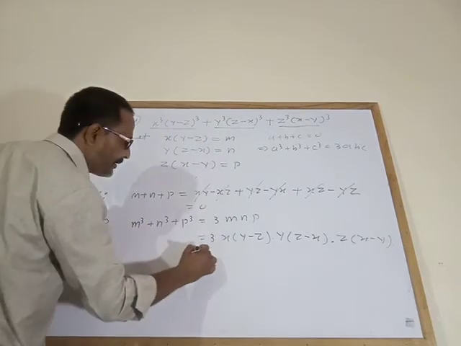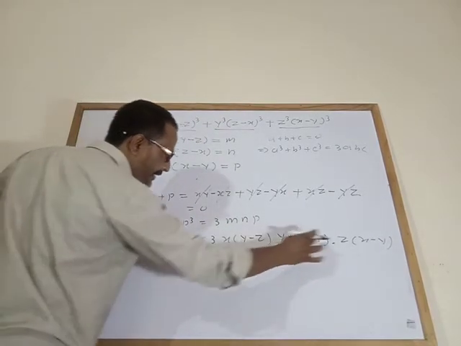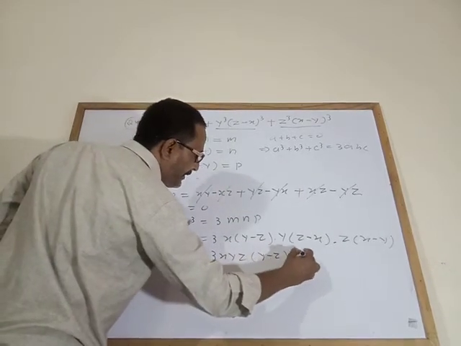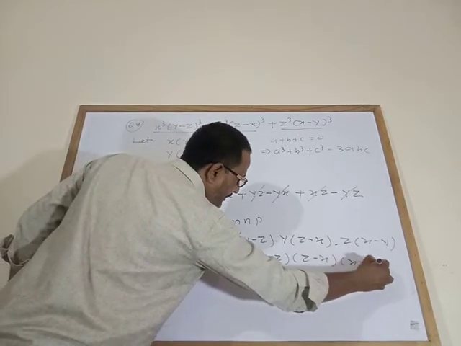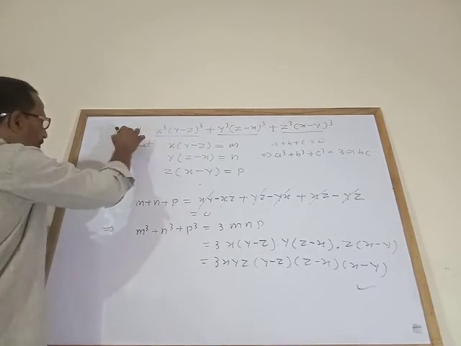Now your answer will be 3xyz(y − z)(z − x)(x − y). This is your solution of question number 24.